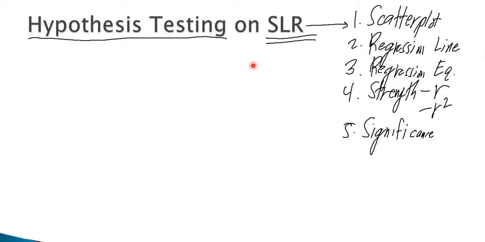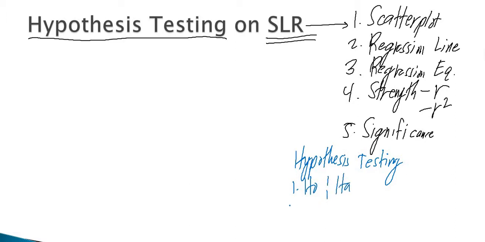And of course, when we do hypothesis testing, we need to follow 4 steps. And as we all know, for hypothesis testing, number 1, we should be able to state our H0 and HA.